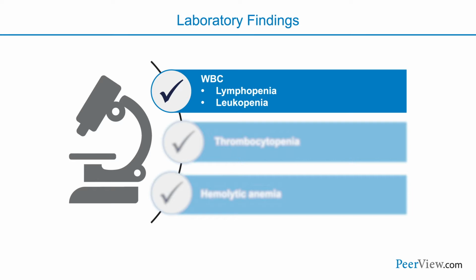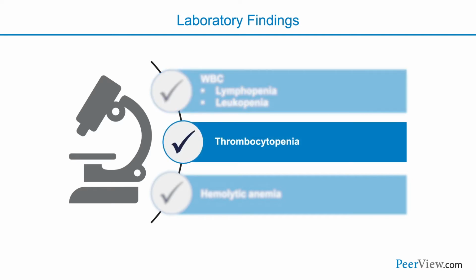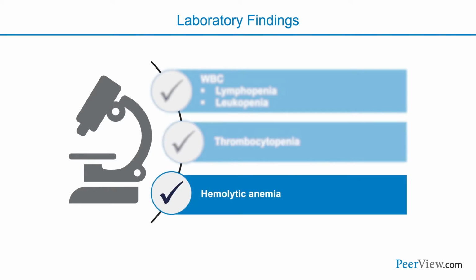So for the white blood count, lymphopenia or leukopenia. But do remember that if the patient's been put on prednisone, prednisone itself will cause lymphopenia. Thrombocytopenia, which can be either from lupus or from antiphospholipid antibodies that many people with lupus will have, and hemolytic anemia.